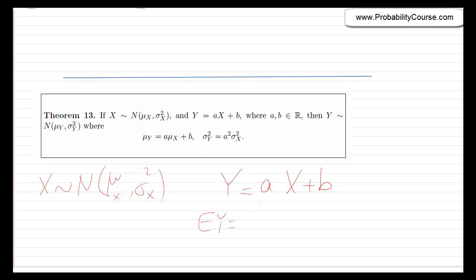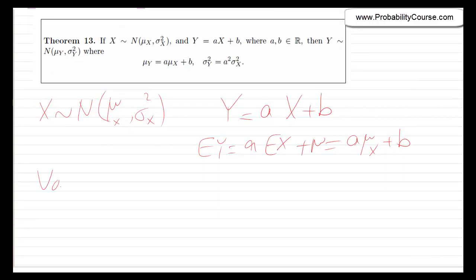Well, the mean of y, by linearity of expectation, is a times E of x plus b, which is a times mu sub x plus b, and the variance of y is a squared times the variance of x, which is a squared sigma squared of x. Okay, but why is y normal? You can prove this in different ways.